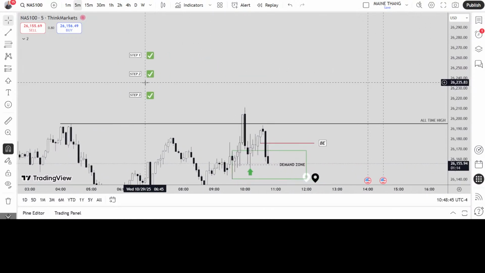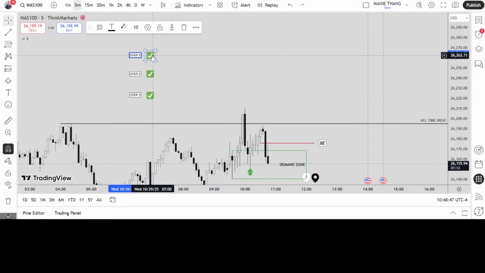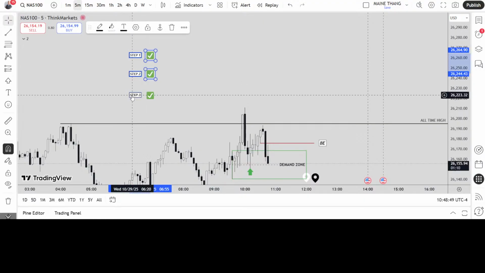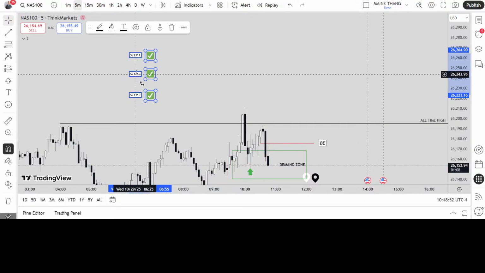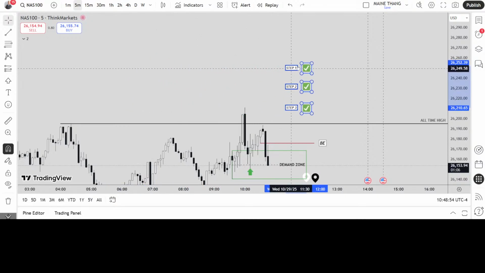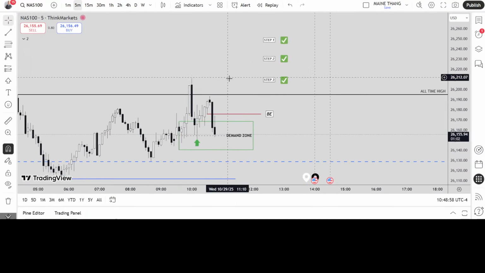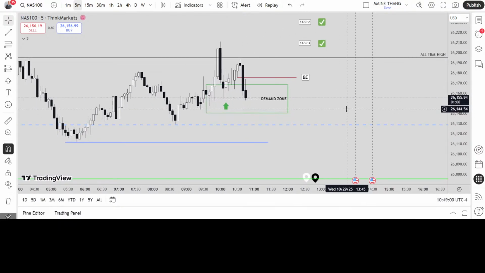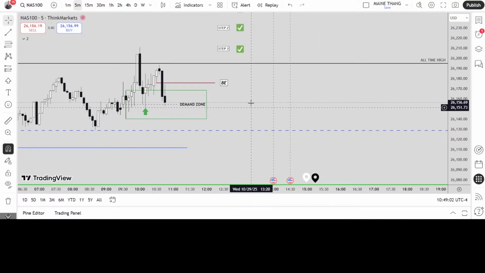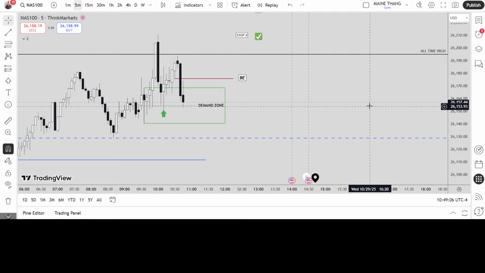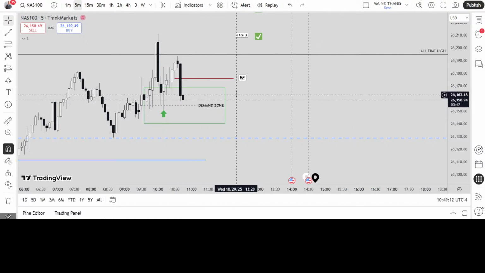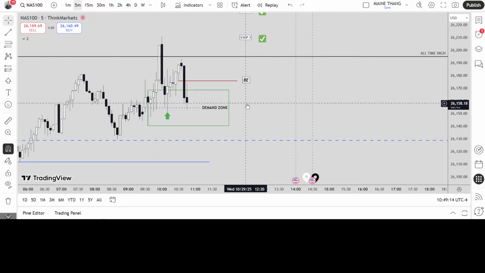Ain't nothing wrong. Trying to move them. There you go. All right. Still didn't hit our original stop, but it's about to. So we would have been stopped out. As soon as it breaks that low, if we stayed in, we would have lost the full 0.5% versus breaking even.